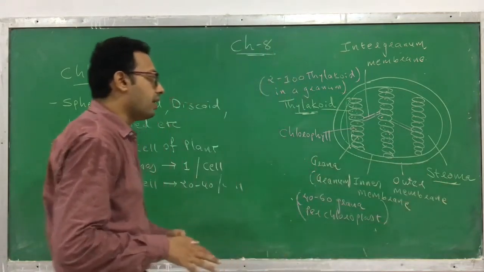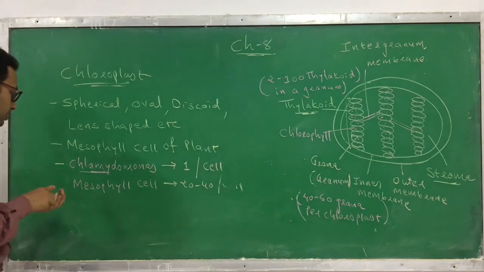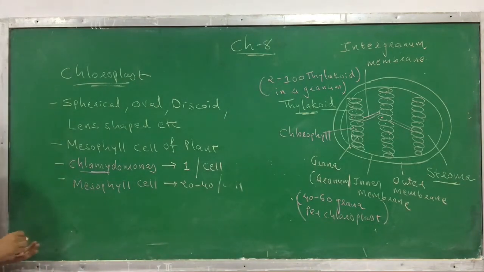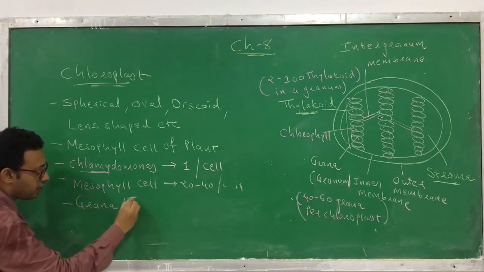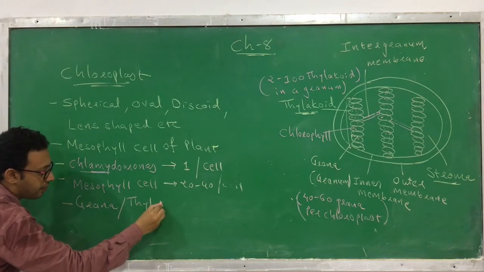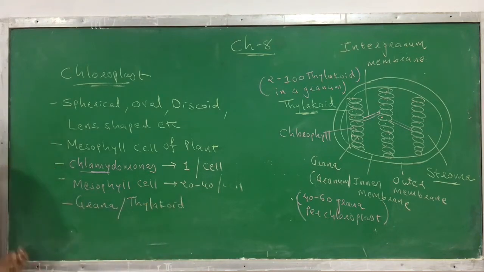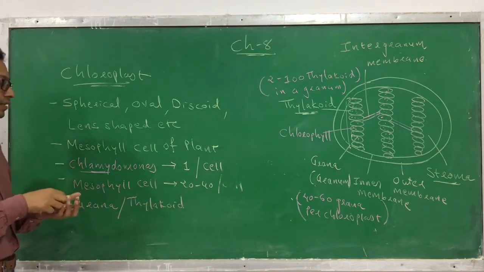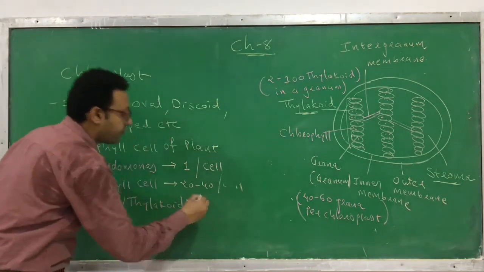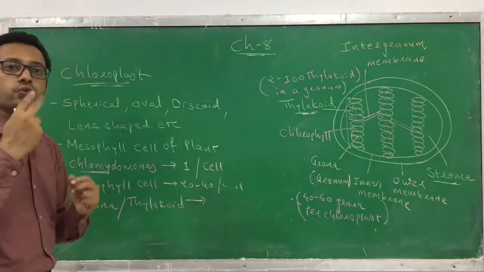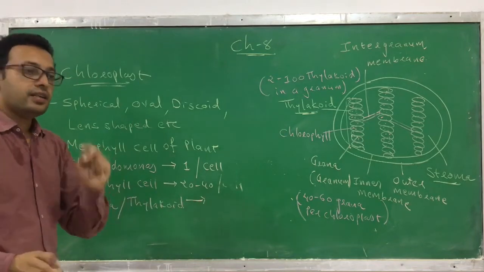Now, where do the chemical reactions take place? In the grana or thylakoid, in both places, the chemical reactions of photosynthesis take place, but that photosynthesis is divided into two reactions, light reaction and dark reaction.